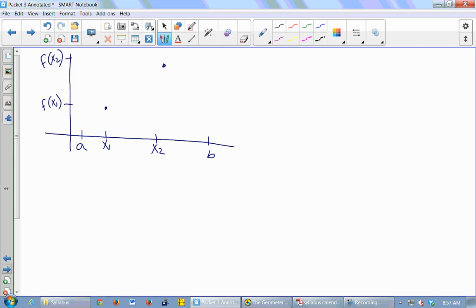All right, so because I know that f is smooth and continuous, I know that the mean value theorem applies. So if I were to draw a secant line between those two points, then the slope of that secant line would be f of x2 minus f of x1 over x2 minus x1.